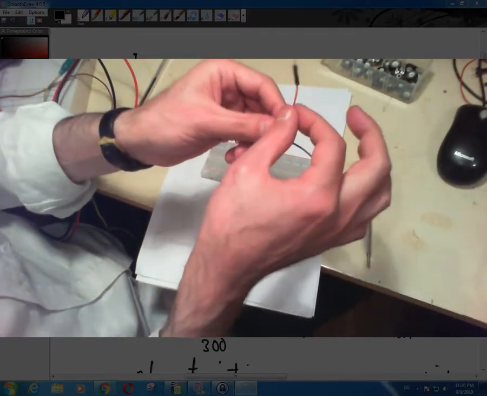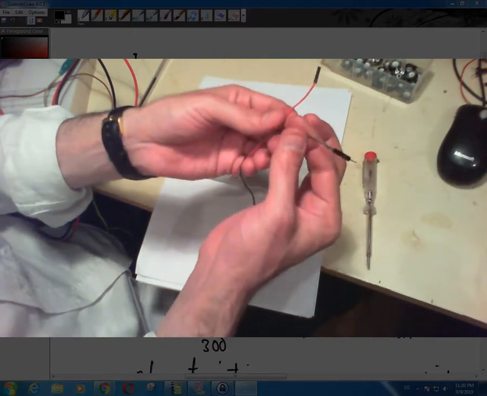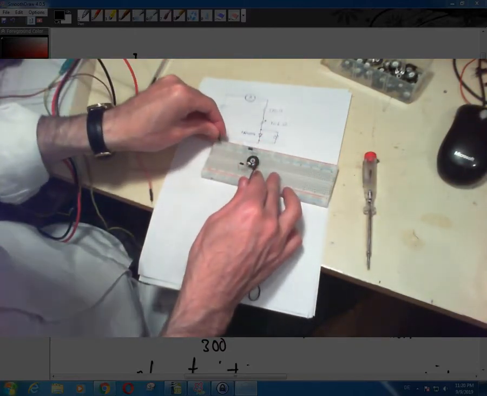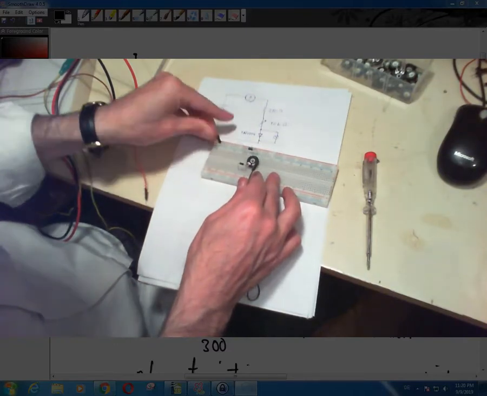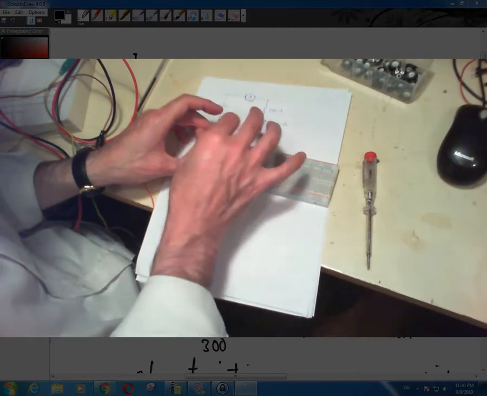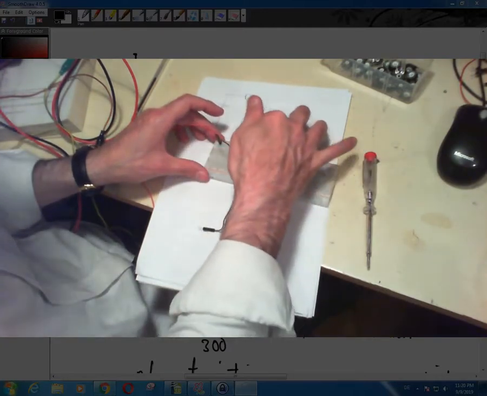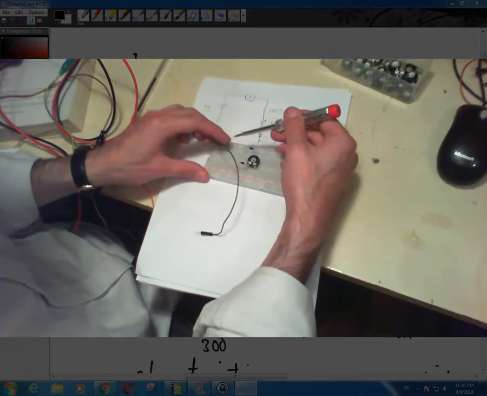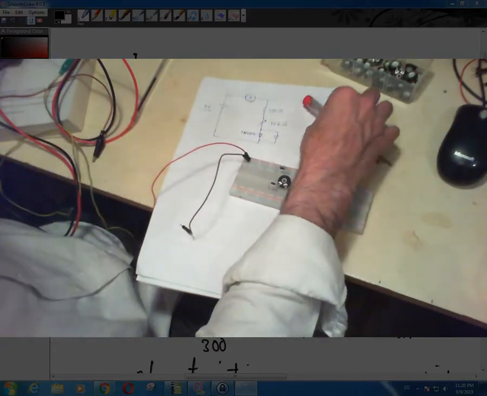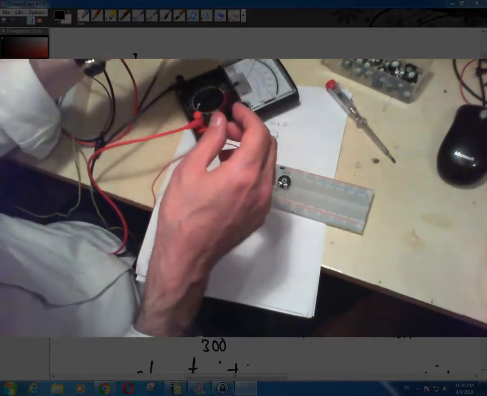So I pick the red one for positive, the brown one for negative, and I connect them here to this bus up here. The way this bus is connected is that it goes this way.